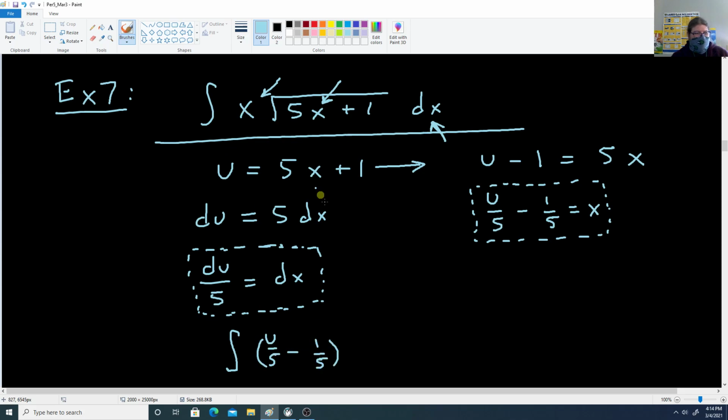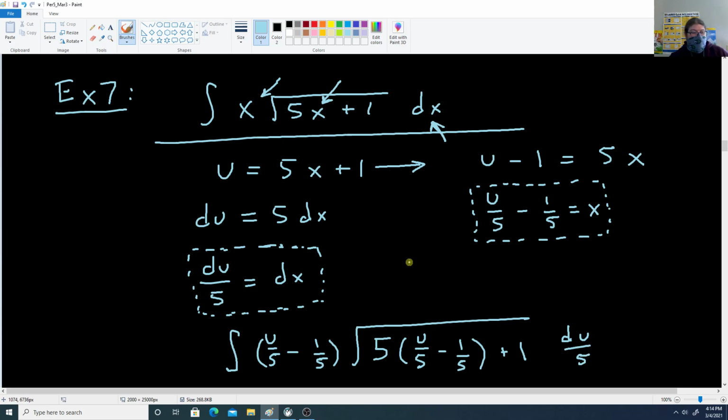I have the square root of 5 times, not x anymore, I'm replacing x with u over 5 minus 1 over 5. And then I have a plus 1. And instead of dx, I'm going to use du over 5.